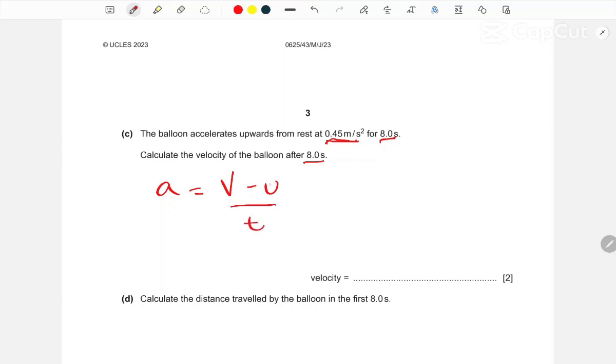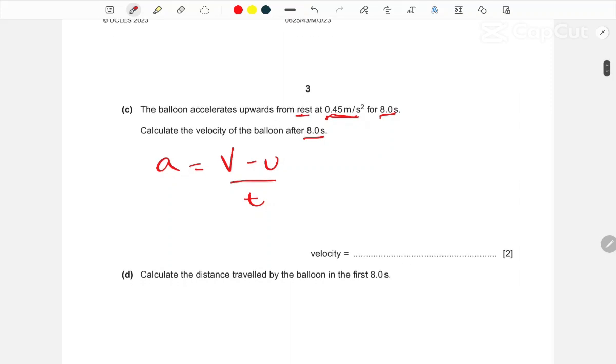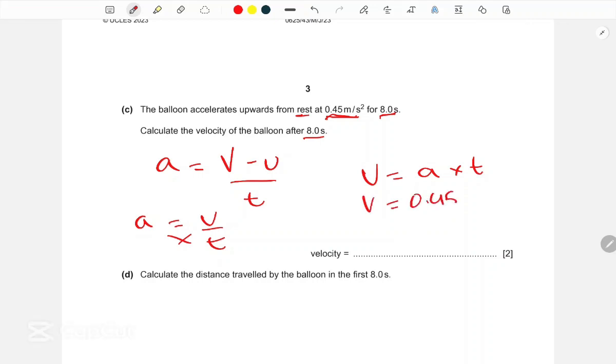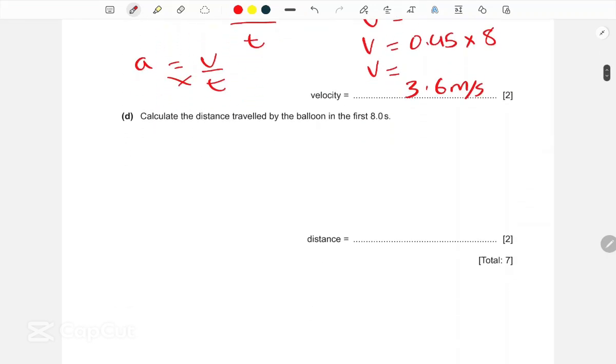And we know that u is 0 because it starts from rest. So that means acceleration would be equal to v over t, and then v would be equal to acceleration times time. So to find the velocity, it would be 0.45 times 8 seconds. So we have the velocity of 3.6 meters per second.